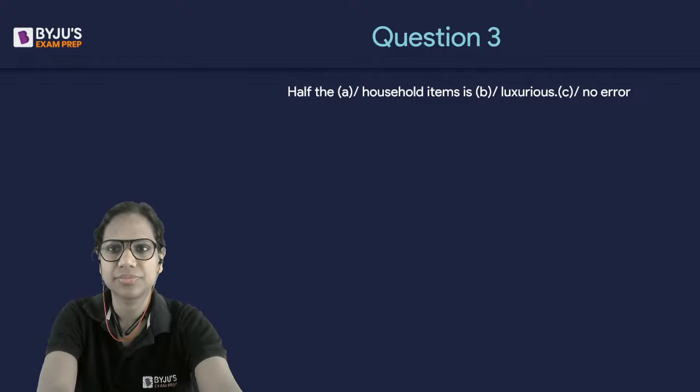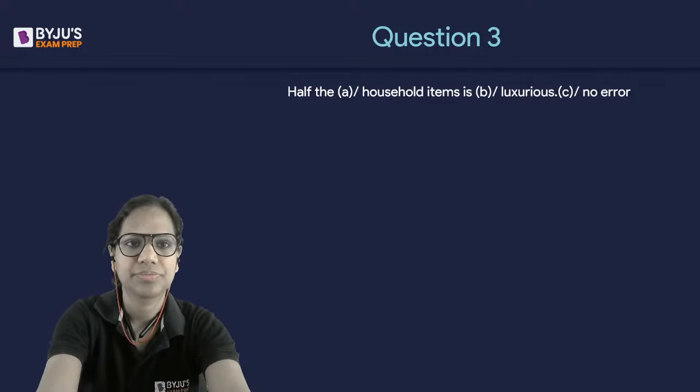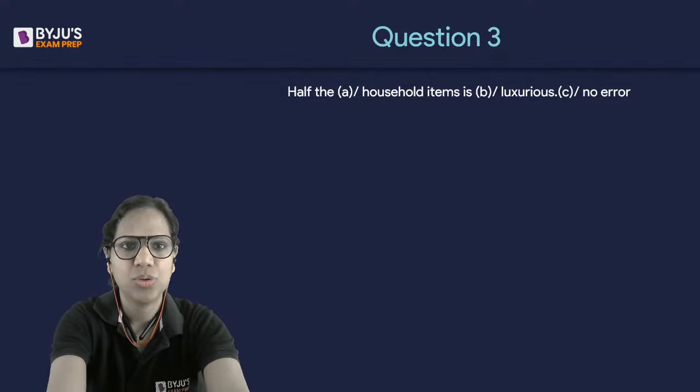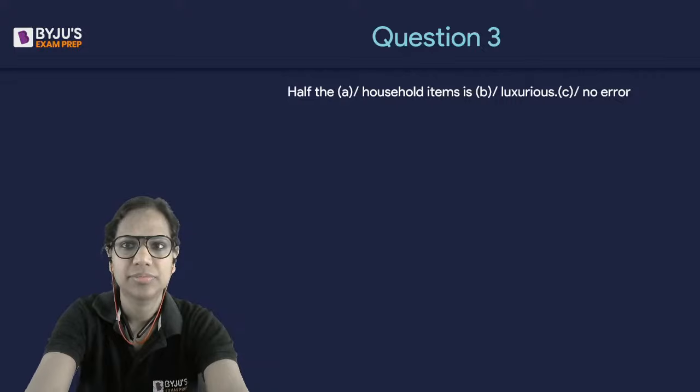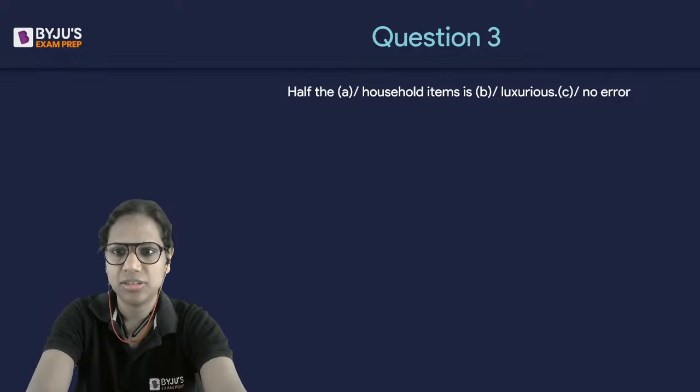Okay, all right. What else? No error? Does anyone feel that? No error? Okay. A. Three of you say A. One of you says B. Ujjwal, give me the error in B.